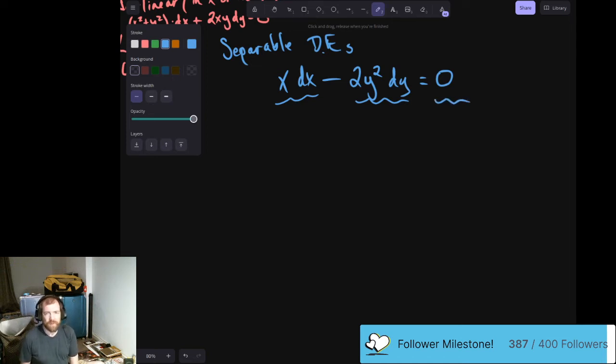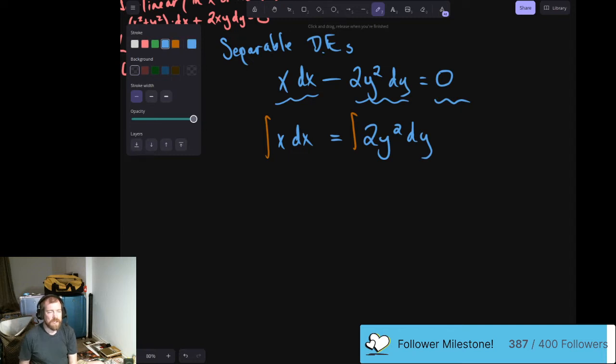In general, let's solve this one first. Personally, I like to split them on either side. It doesn't really matter which way you do this, but if we want to make this x dx equal to positive 2y squared dy, now what we can do is take the antiderivative of both sides.